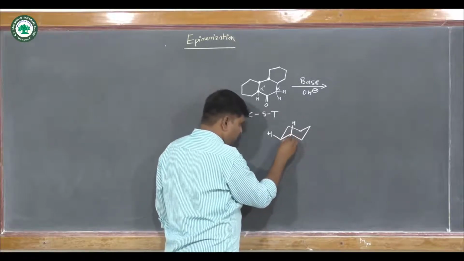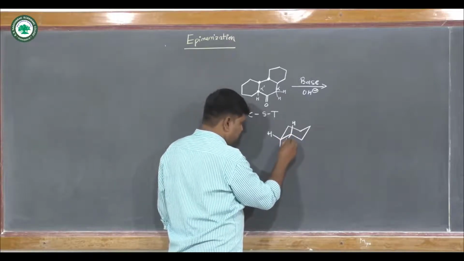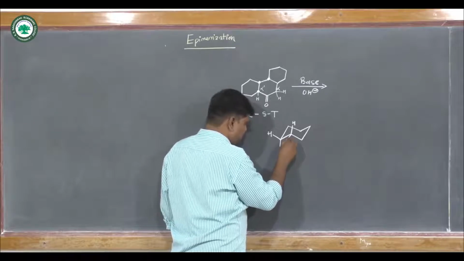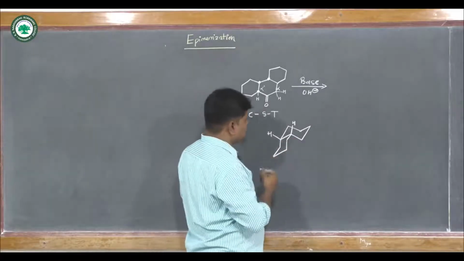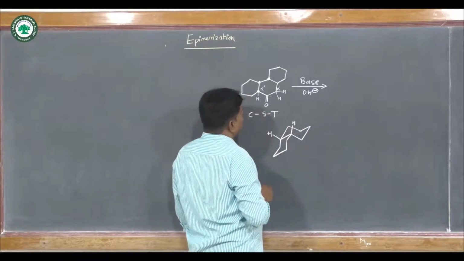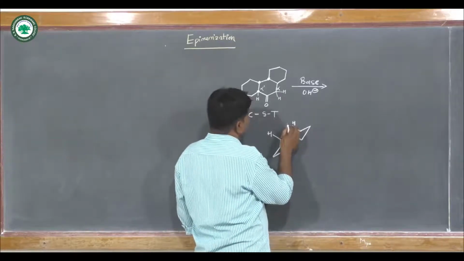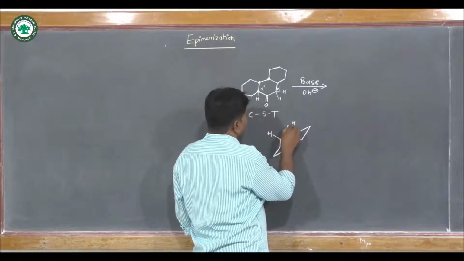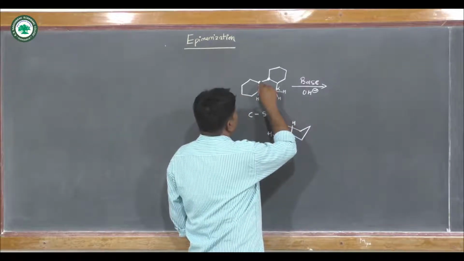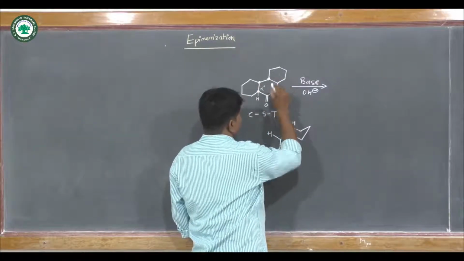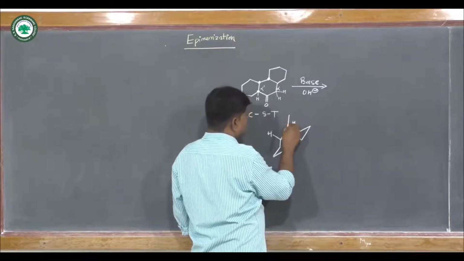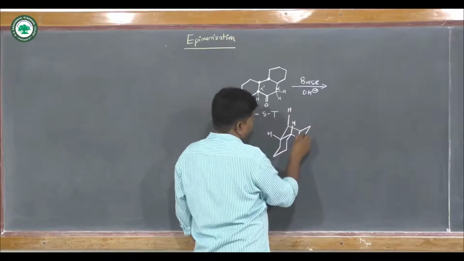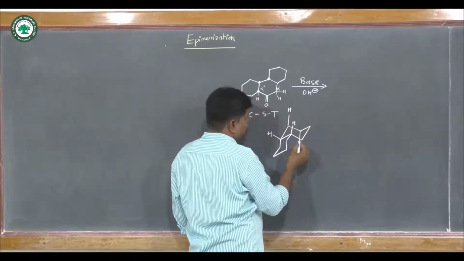The remaining bonds are drawn like this so that we write it in chair conformation. Suppose one proton is above the plane and this one is below the plane.